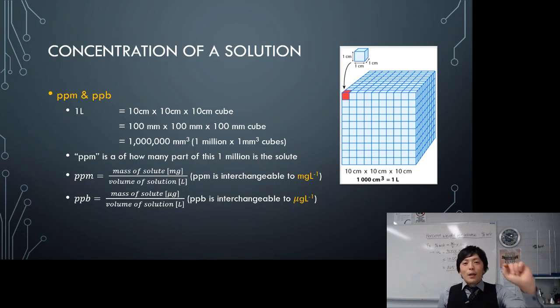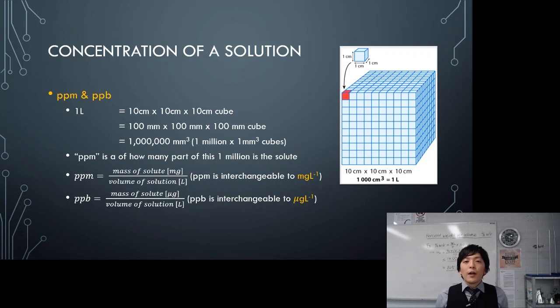All right. Now ppm. So how many of the 1 million boxes would be something else? That's what it's saying. So within 1 liter, how many? Also, 1 cubic millimeter should equate to 1 milligram if it's water, right? So you would calculate how many milligrams are dissolved into 1 liter. If you do that calculation, you will be able to express the concentration in parts per million, ppm. ppb would be even smaller.